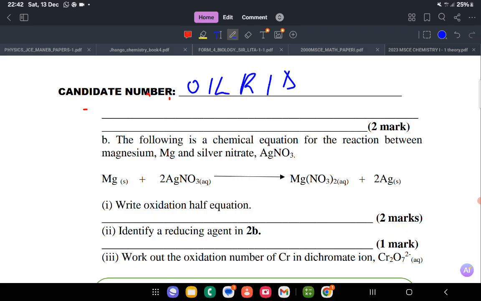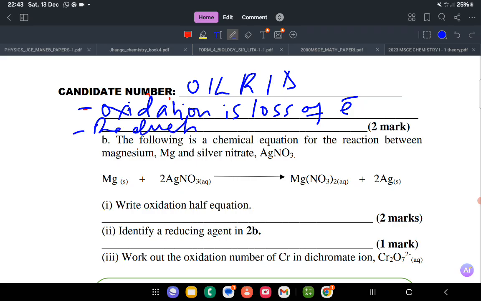Yeah, so start with oxidation. Oxidation is loss of electrons. All right.